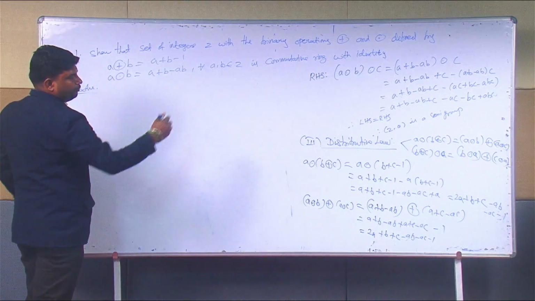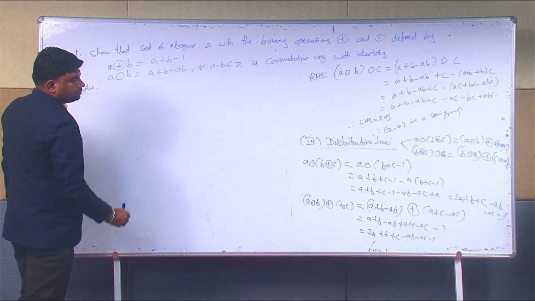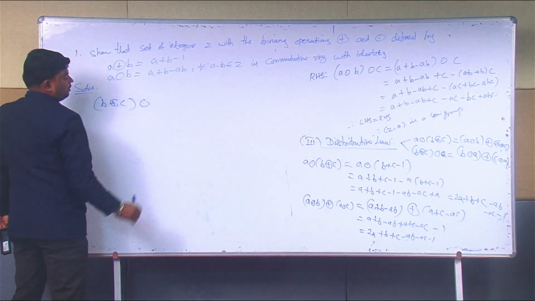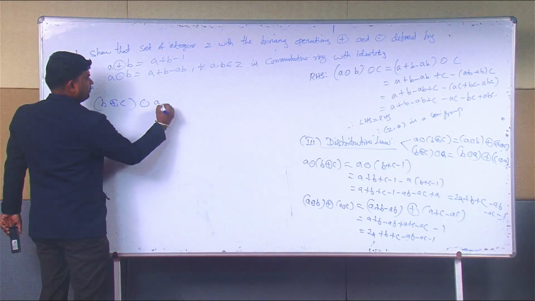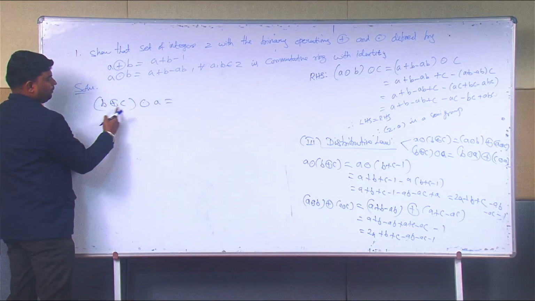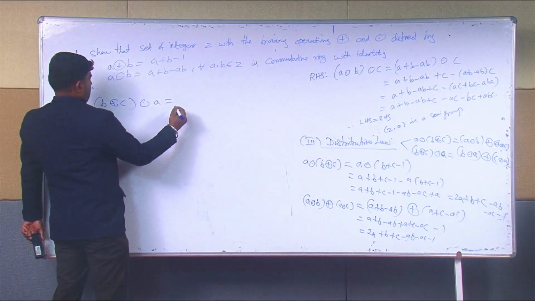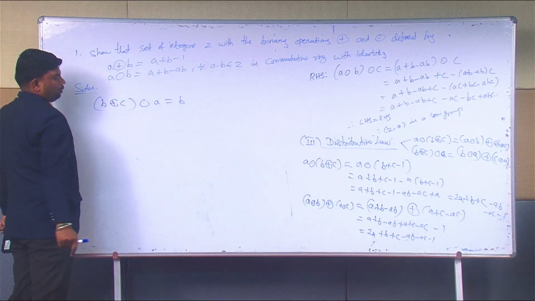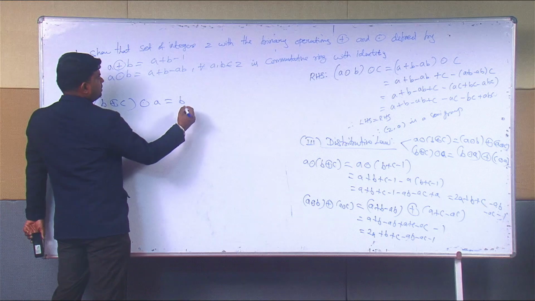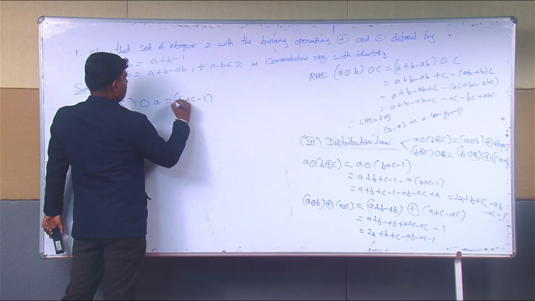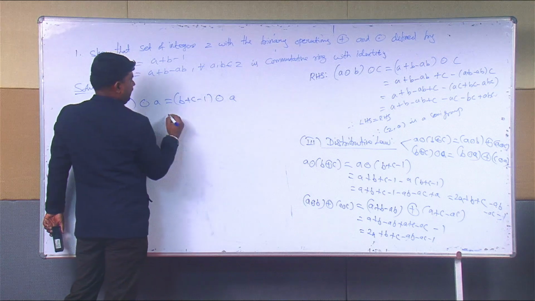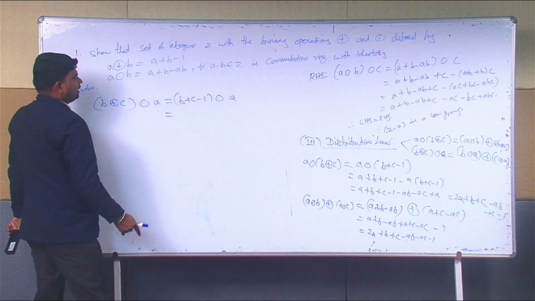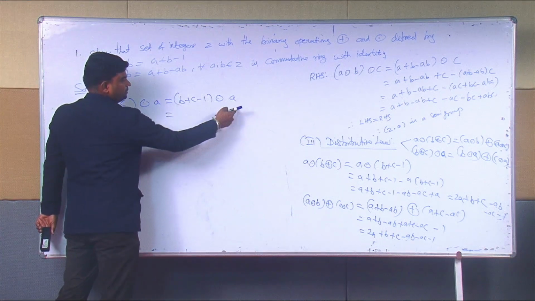For the second distributive law, take the left side terms, B plus C multiplication modulo A. First applying the addition modulo condition to B and C: B plus C minus 1, dot A. The second step, I want to apply the multiplication modulo condition for these two terms.